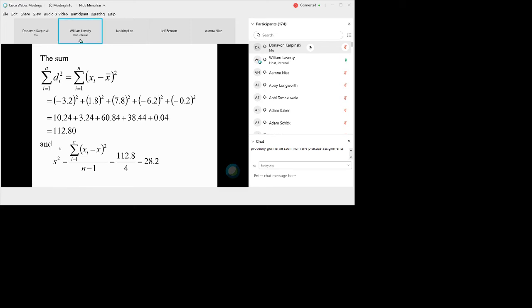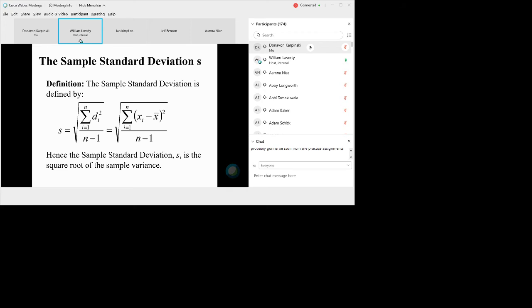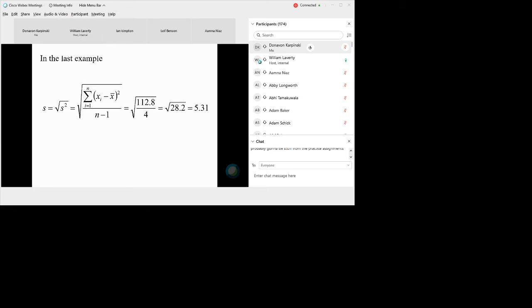If I divide that by n minus 1, I get 28.2. That's the sample variance. If I take the square root of that, it's called the sample standard deviation, 5.31.